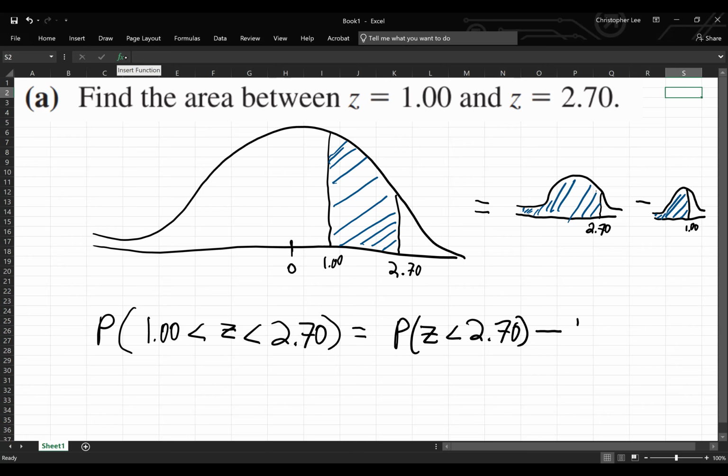And I'm going to subtract from that the probability of z less than 1.00. And then that's it. After that, it's just a table. Do we remember how to look these up, or do you want to refresh?